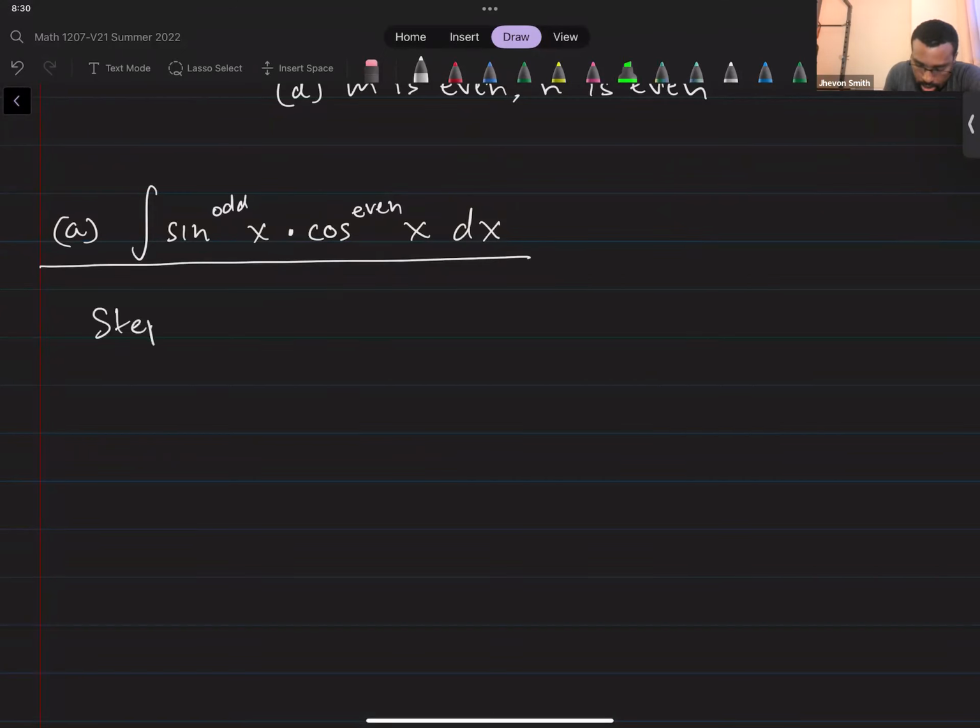Here are the steps. You want to save a factor of the odd power. So step 1, save a factor of sine x, as in move it to the side.